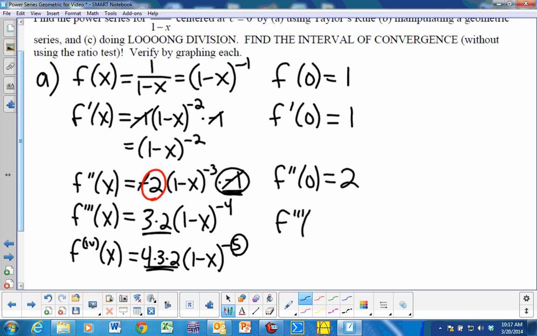F triple prime of 0, again, I plug the 1 in, the inside's 1, but I'm going to get 3 times 2, or 3 factorial. If I do the fourth derivative, notice again, same thing, but I'm going to get 4 factorial. So you end up with whatever the power of the derivative is, that's the factorial that you end up with, because of course this could be written as 2 factorial, and so on.